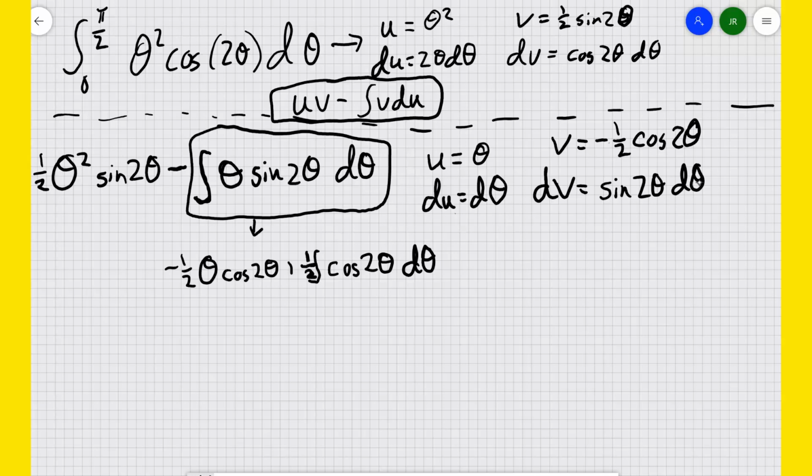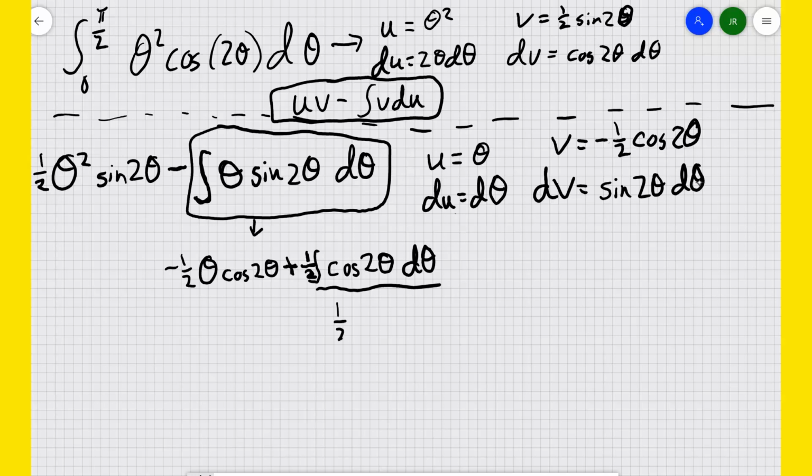Minus negative 1/2. I'm just going to go ahead and write that as a plus. So the integral here is going to be, we've actually already done that integral earlier up here. The integral of cosine 2 theta is 1/2 sine 2 theta.